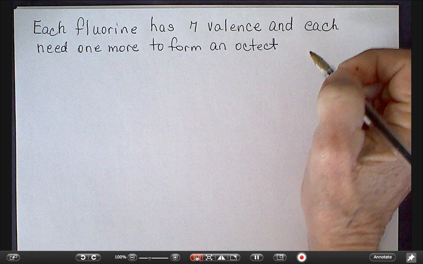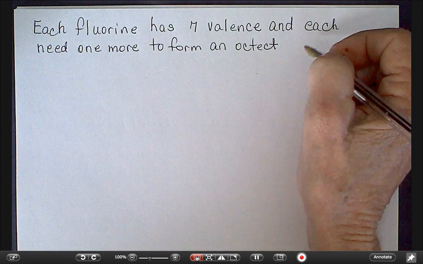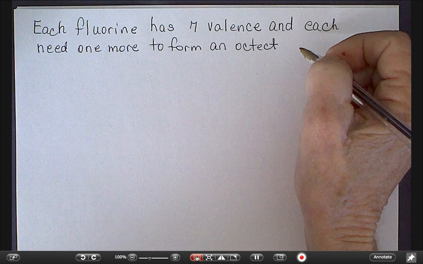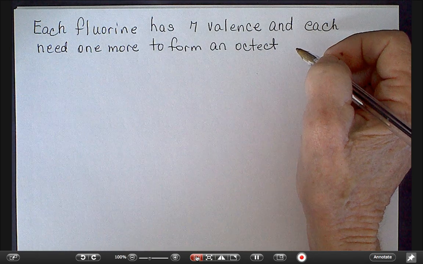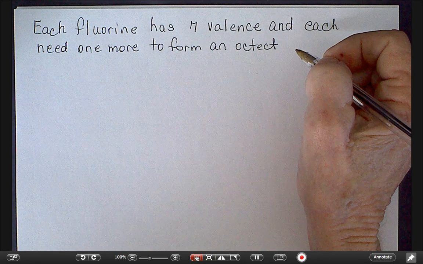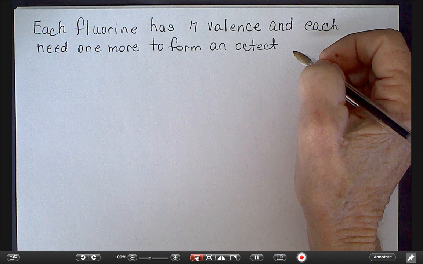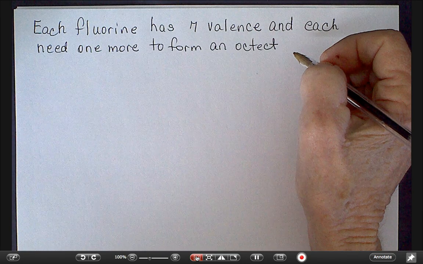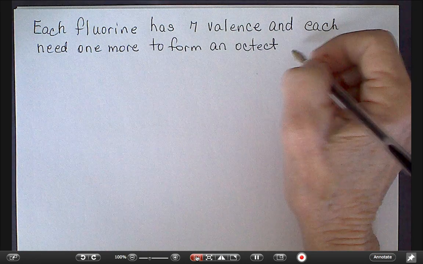What is an octet? 8. Everybody wants how many valence electrons in their outer energy level? 8, because that's what the noble gases have. Noble gases, except for who? Not hydrogen, it's not a noble gas. Helium, and helium has 2, okay?